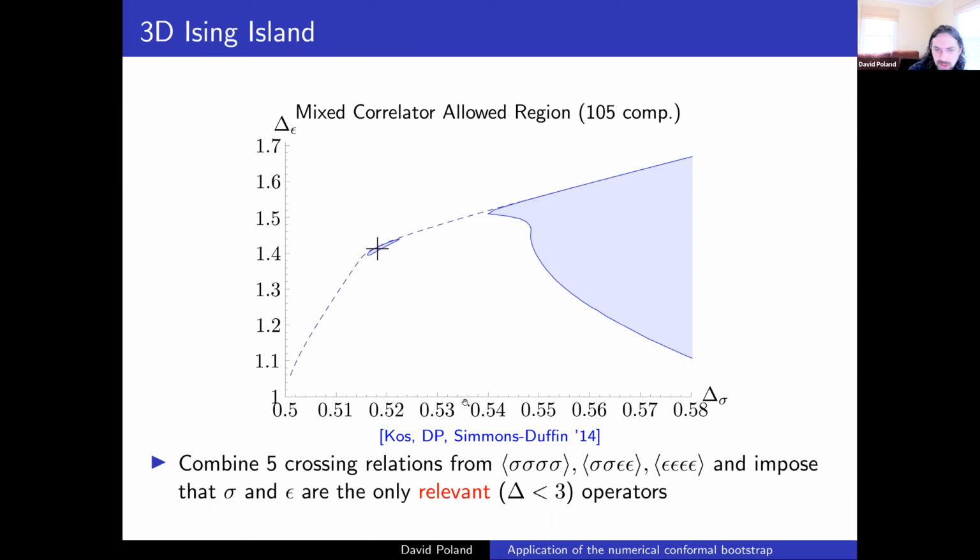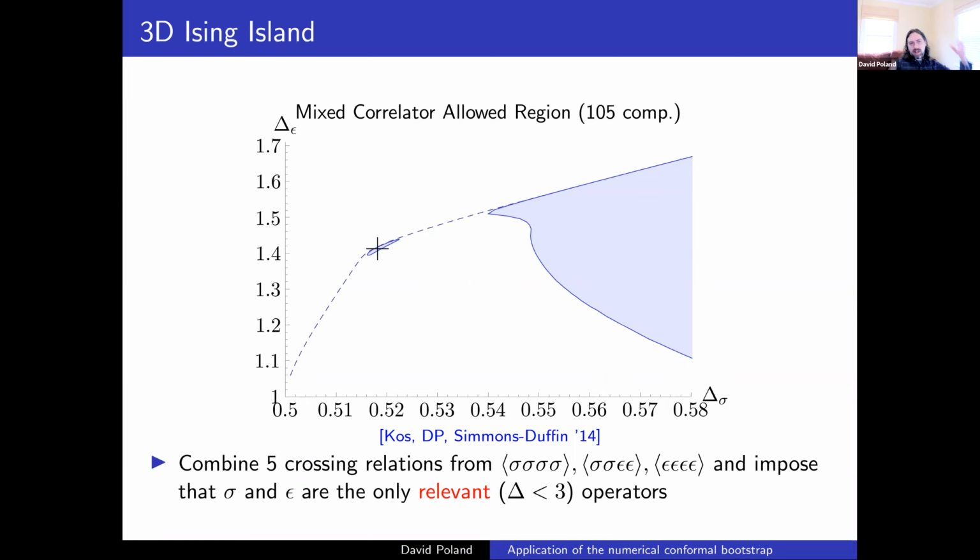And if you then further assume that sigma and epsilon are the only relevant operators appearing in the theory, namely all other operators start at dimension 3 or higher, then what happens is this kink gets isolated into some island, which is around the scaling dimension of the Ising model. And that island is disconnected from some other bulk region, which appears further off to the right.